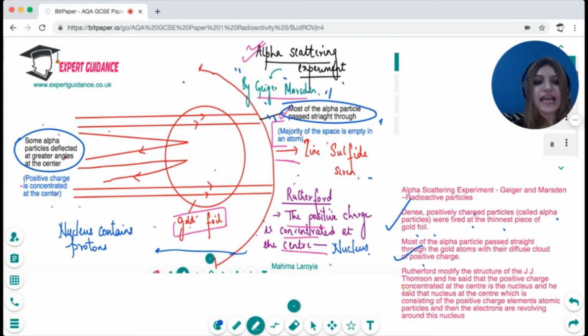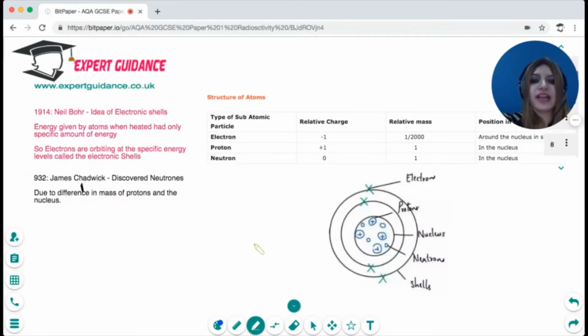He said that the positive charge is concentrated at the center in the nucleus, and the nucleus consists of positively charged elements, and the electrons are just outside the nucleus. So therefore, he gave another structure with just the nucleus at the center and electrons surrounding it.